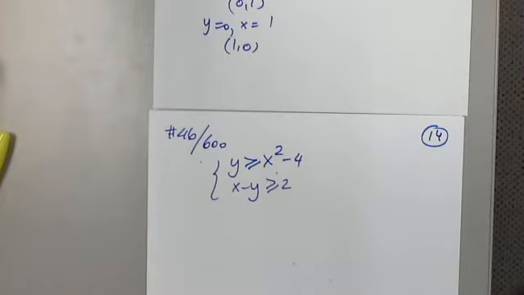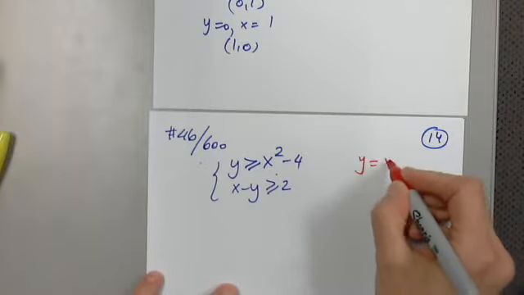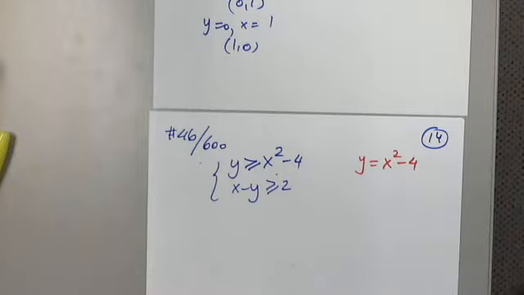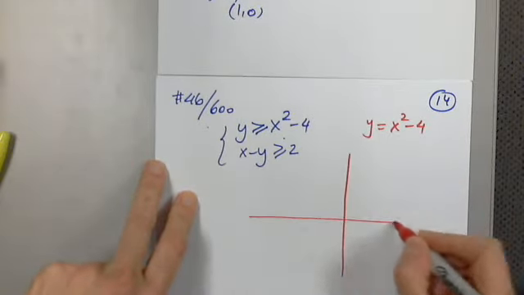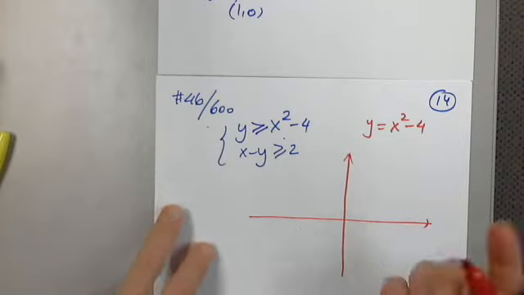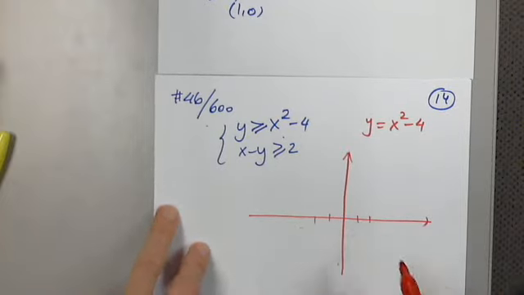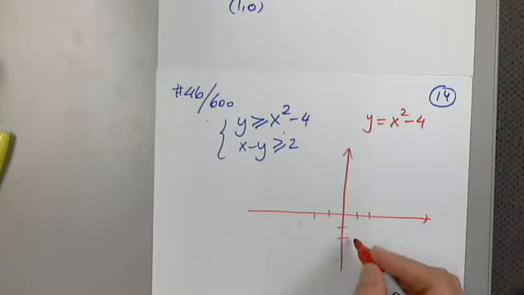Okay, I will start with the first equation. y equals x squared minus 4. I know from transformations how to graph x squared minus 4. x squared, careful, down 4. Good, so I know that immediately. We didn't even calculate anything. Of course, it will cross at negative 2 and 2, and it will go to negative 4.